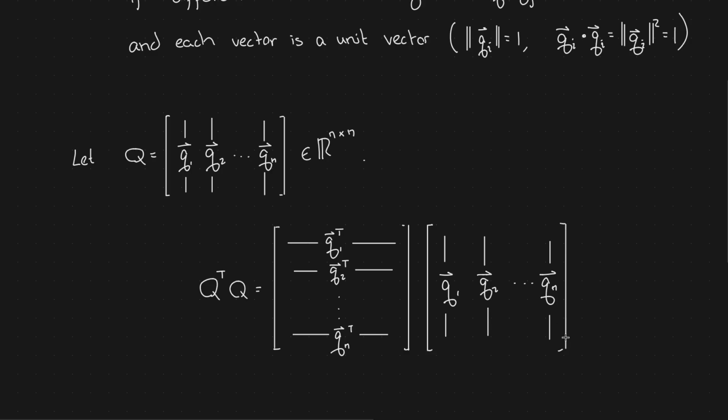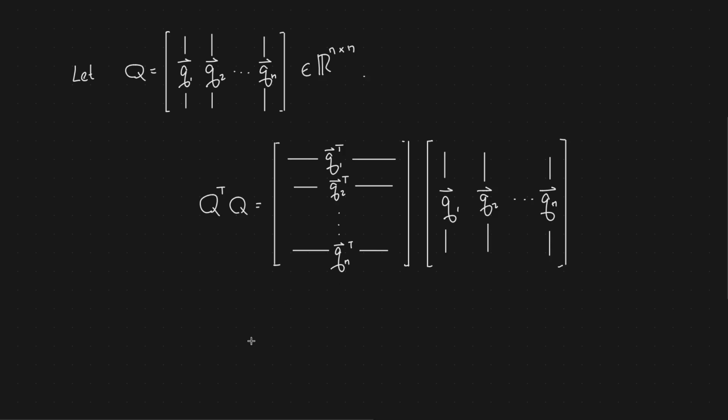Okay. Now, if I multiply these together, let's just do it row by row, column by column. Let's take the first row of the first matrix times the first column of the second. That's going to be the dot product, right? So if I take the dot product of q1 with q1, because the vectors are normalized, or unit vectors, the dot product of a vector with itself is just 1. So the entry in row 1, column 1 is 1.